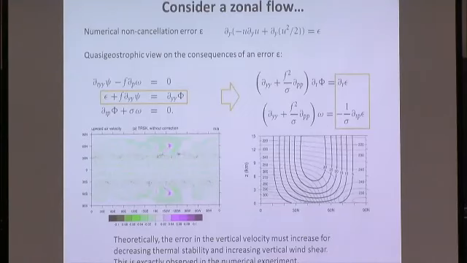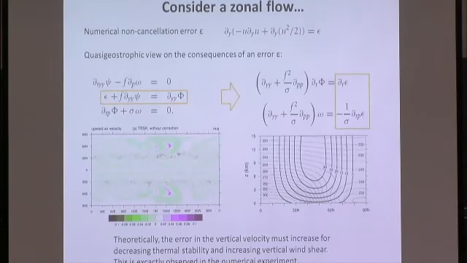Suppose that you have an error because your momentum advection form is not the same as the vector invariant form. Then the error will alter your balance equation. This is the quasi-geostrophic viewpoint. Already in the quasi-geostrophic viewpoint, it will alter your balance equation.